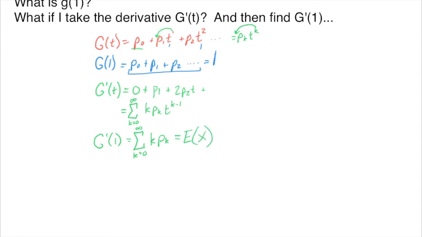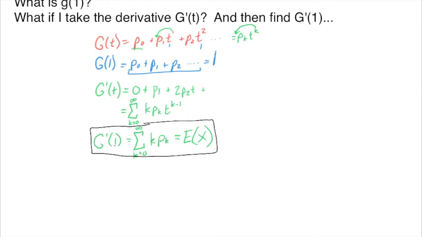Now, that may not be shocking at first, but recognize that we did this for a discrete random variable. That means for any probability distribution. This could be for a binomial distribution or a geometric distribution or a negative binomial. All those different discrete random variables, all of those distributions, if I take the derivative of the PGF and then put 1 in for t, I get the expected value.